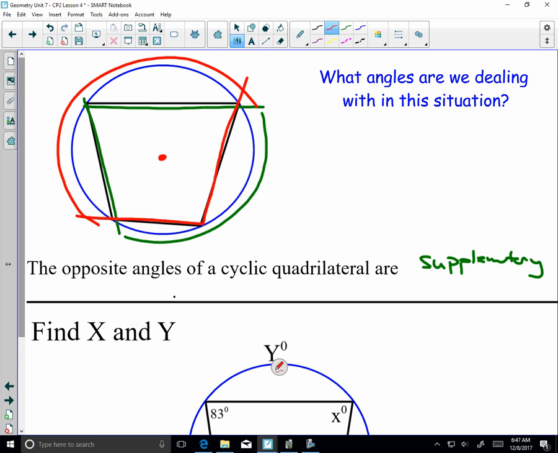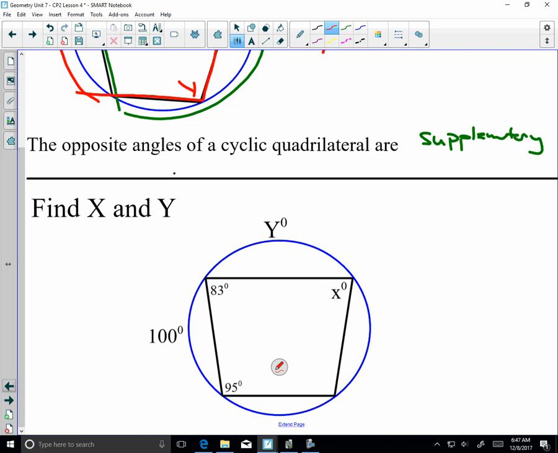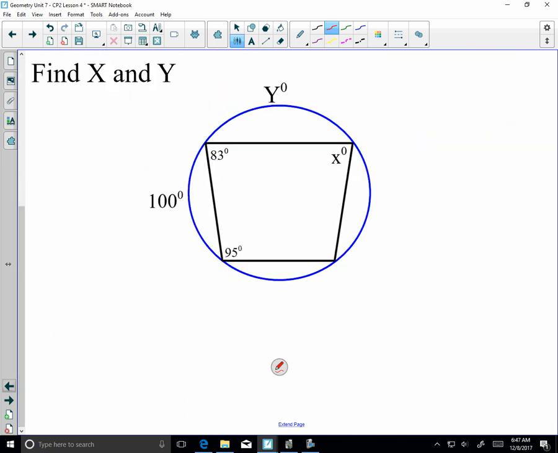So we know that angles X and Y, since they're inscribed angles and the arcs connected to them make up the entire circle, have to add up to 180, the entire circle divided by 2. So we can use that to solve problems and find missing pieces.